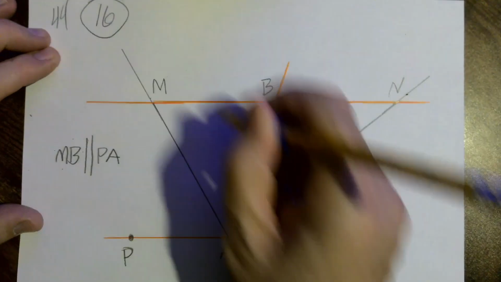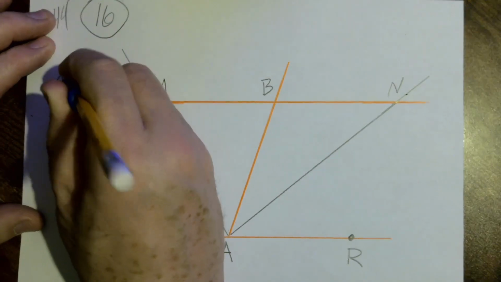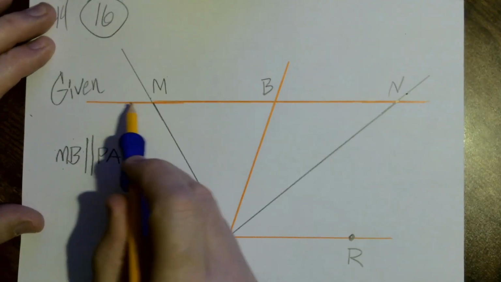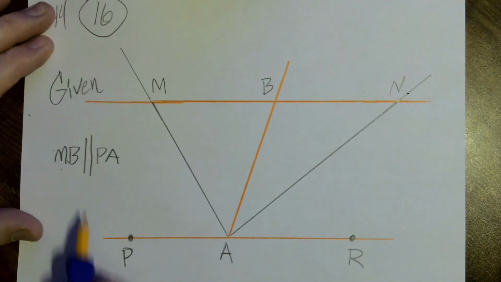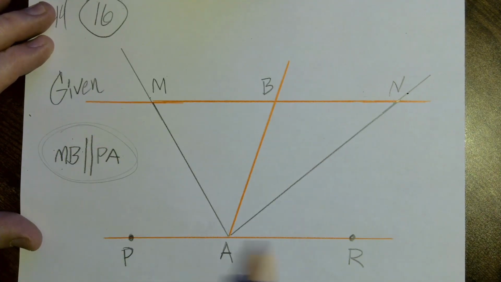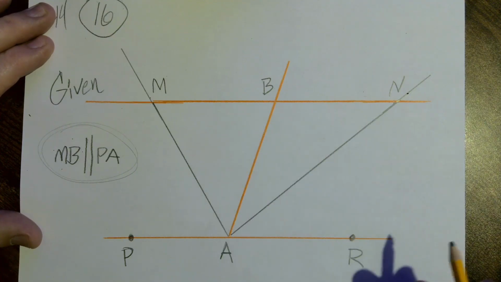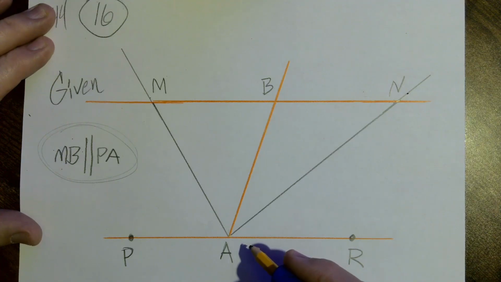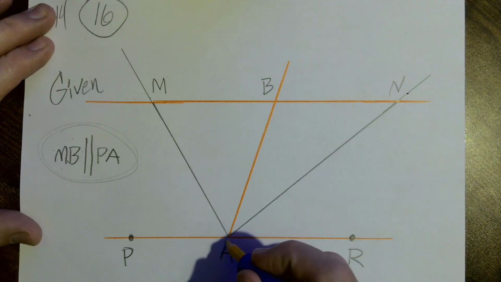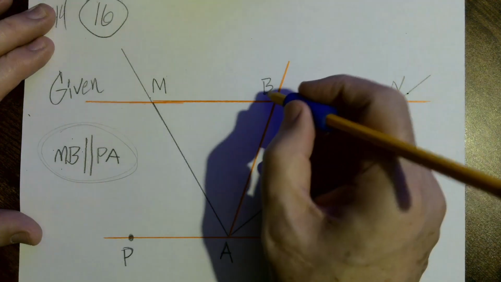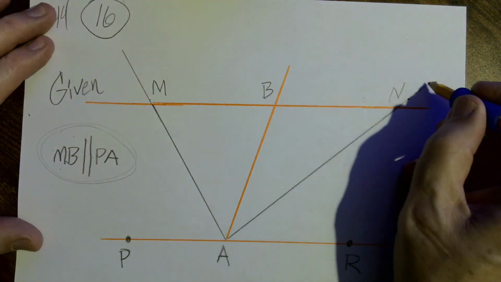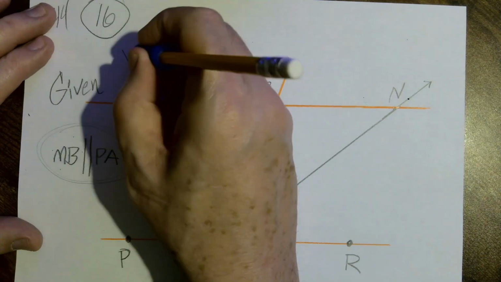Okay, here's 16. This will be the end of page 44. We are given this. MB, this line here, is parallel to PA. We're given that. We know that's true. And we're also given the fact that AM bisects this angle.